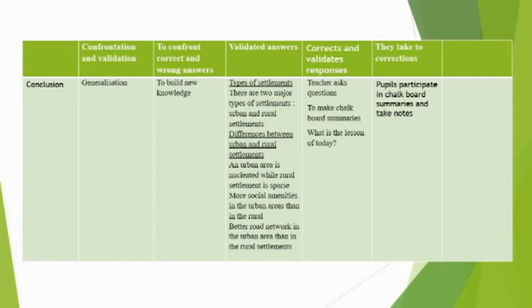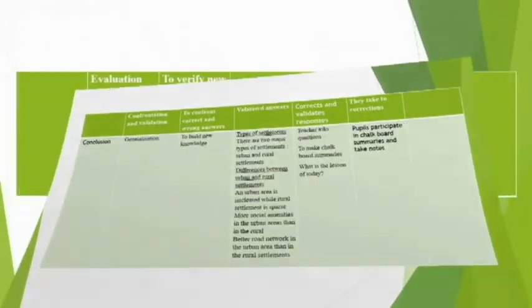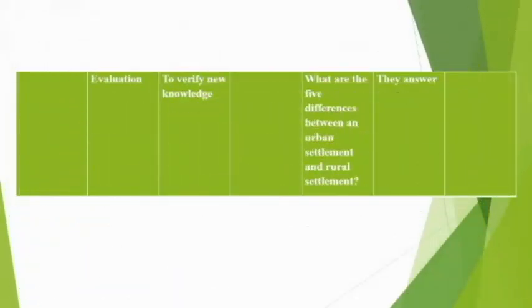And then we go to evaluation, where you have to evaluate your lesson. At the level of evaluation, which is the concluding part of your lesson, you have the IPO, which is to verify new knowledge.